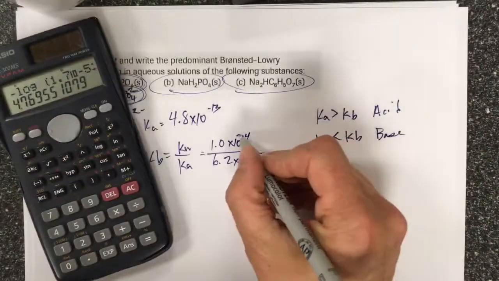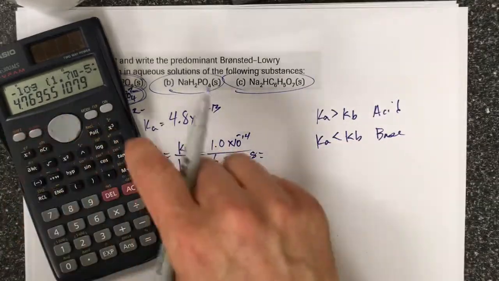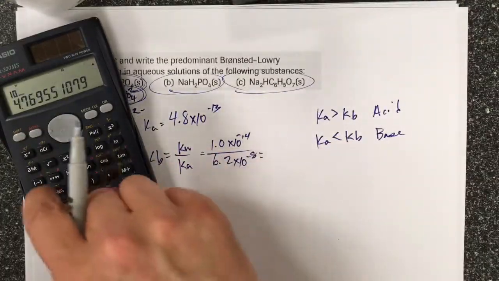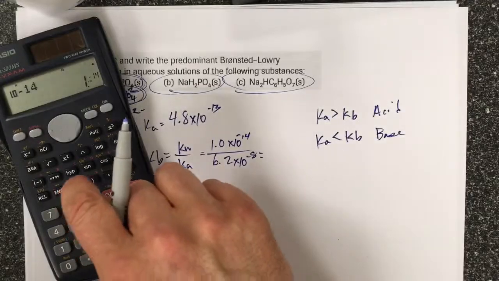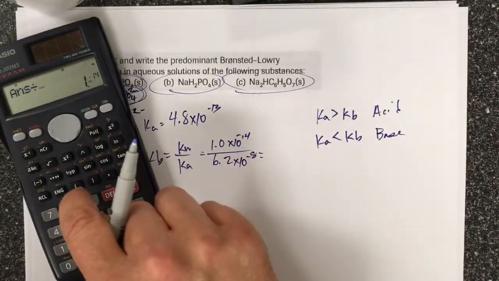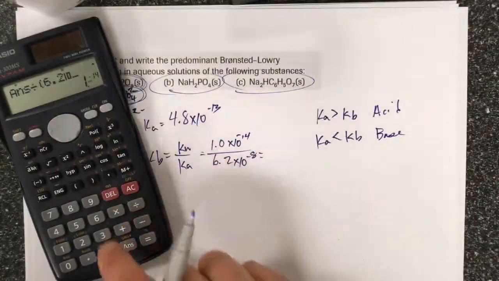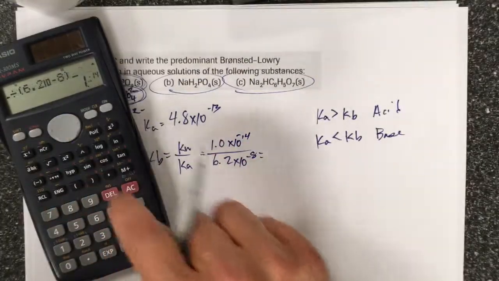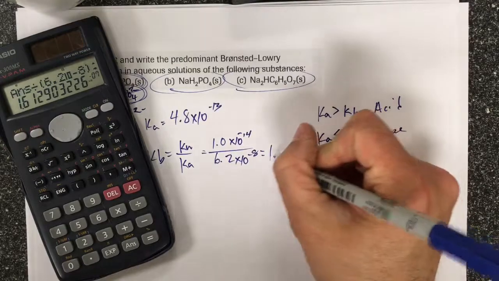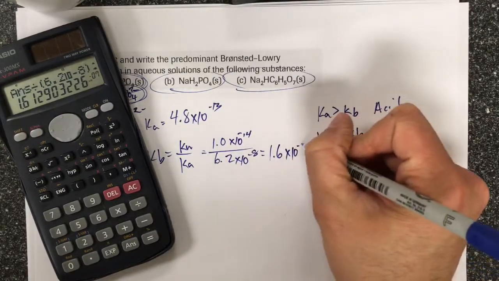And so if I take those two numbers, 1.0 times 10 to the negative 14 divided by 6.2 times 10 to the negative 8, gives me 1.6 times 10 to the negative 7.